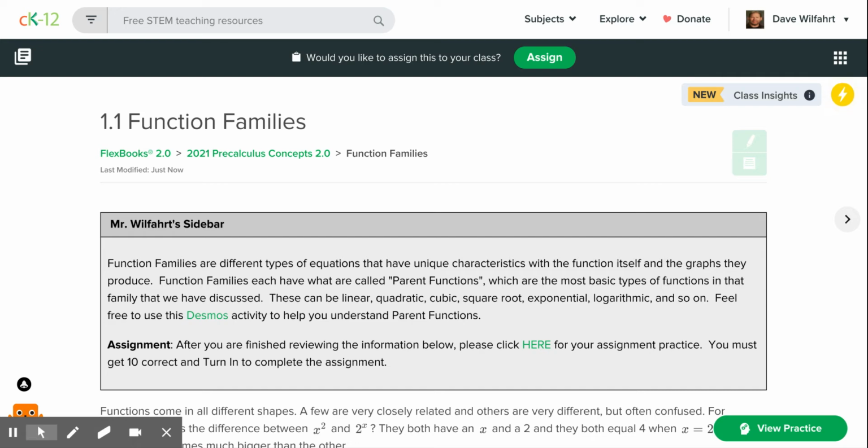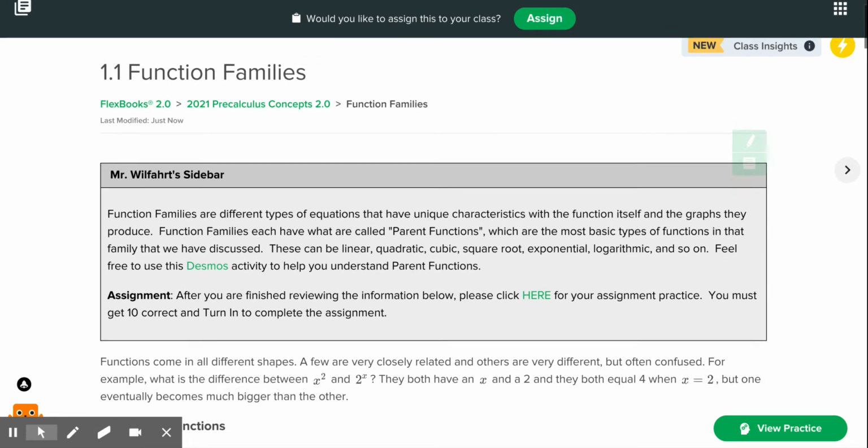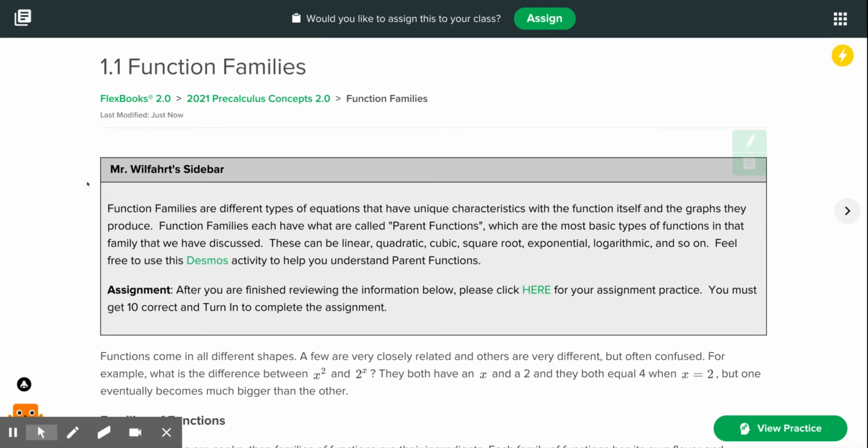So to get started here, what we are going to be doing is taking a look at some different what we call families of functions, and basically what we're looking at are different types of functions and their unique properties with the function itself and the graph that they produce.